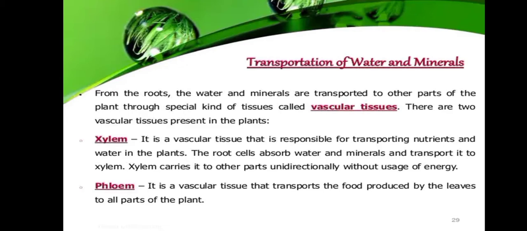The root cells absorb water and minerals and transport it to xylem. Xylem carries it to other parts unidirectionally without use of energy. Phloem is a vascular tissue that transports the food produced by the leaves to all parts of the plant.